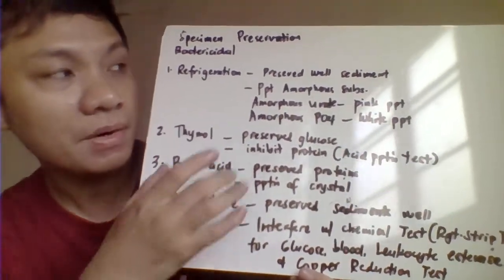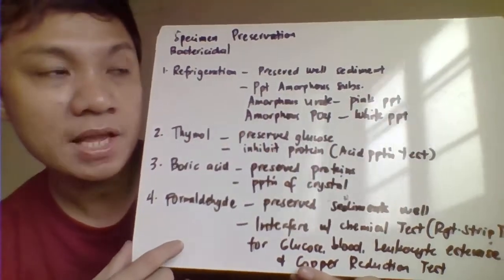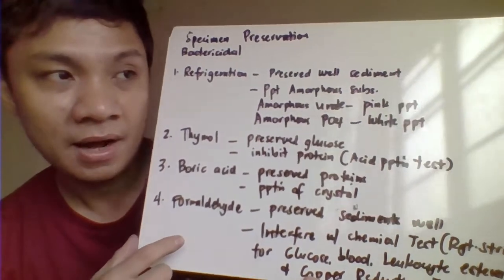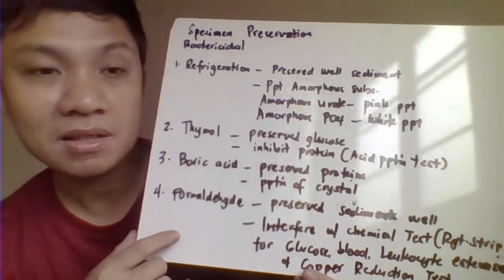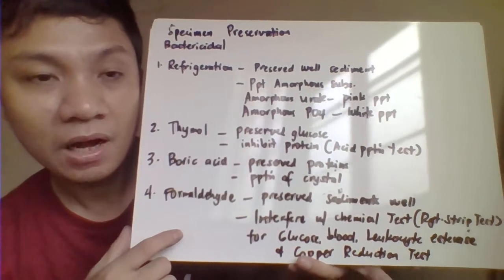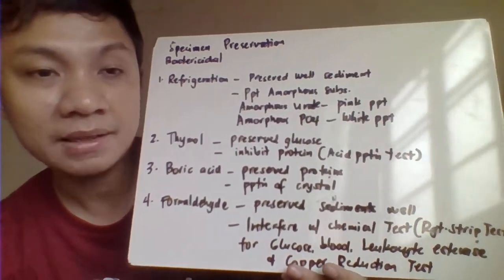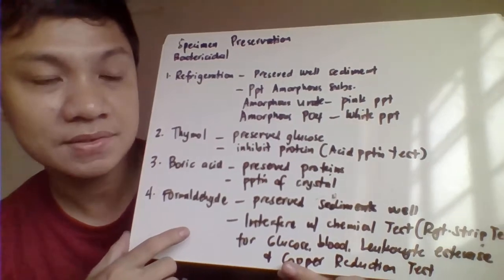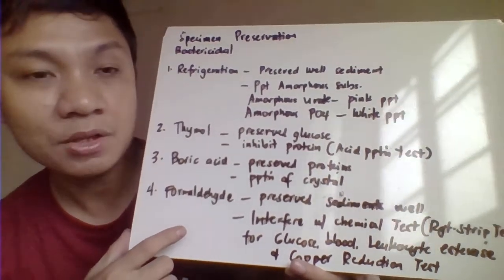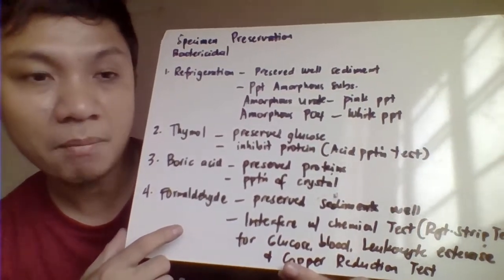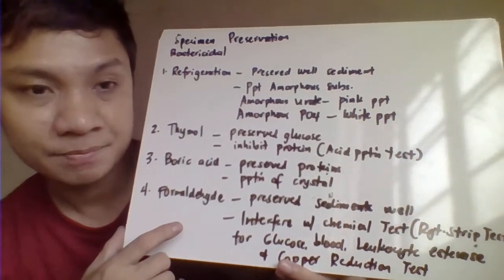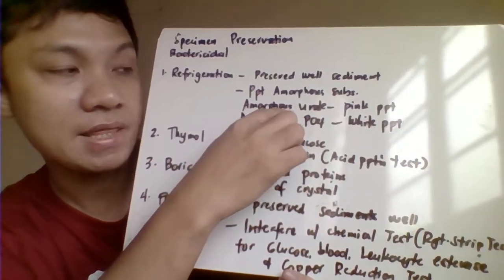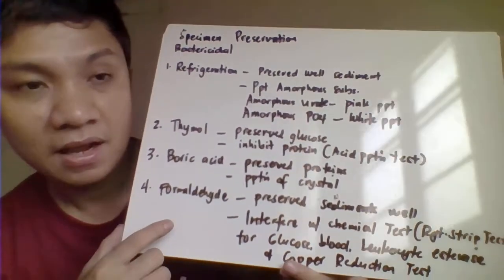The advantage of refrigeration is that it is able to preserve the dissolved substances or sediment in your urine. However, ang drawback ng ating refrigeration, it tries to precipitate your crystals. It tries to precipitate specifically your amorphous substances. So we have your amorphous urate and we have your amorphous phosphate.